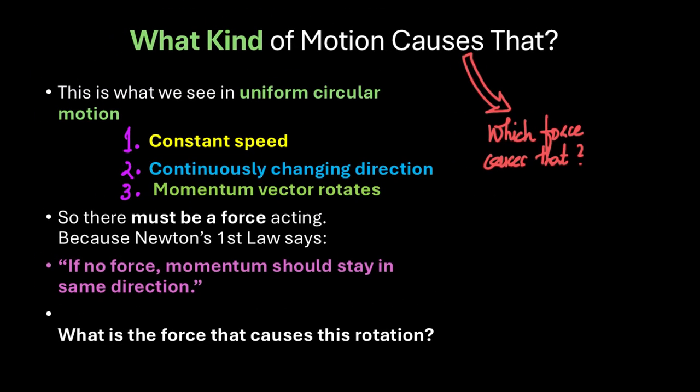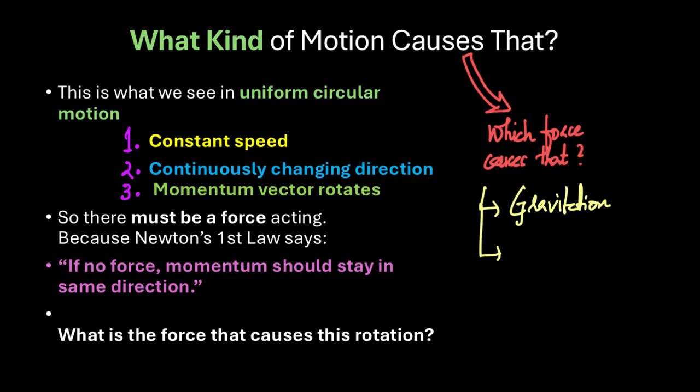So we have a motion which has constant speed, continuously changing direction, and a rotating momentum vector, and we directly know that this motion is a uniform circular motion. Now, which force will cause this kind of motion? Well, that depends. In the case of planetary motion, the force which causes this is the gravitational force.